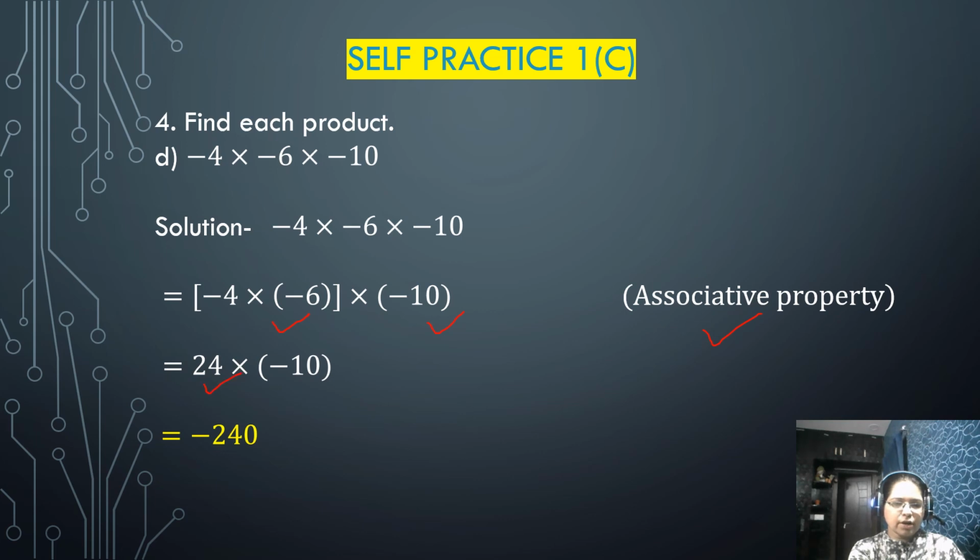As both are negative integers, multiplication of negative integer with negative integer gives a positive integer, and 24 is a positive integer. Then we multiply 24 with minus 10. Multiplication of a positive integer and a negative integer gives a negative integer, so 24 multiplied with minus 10 is minus 240.